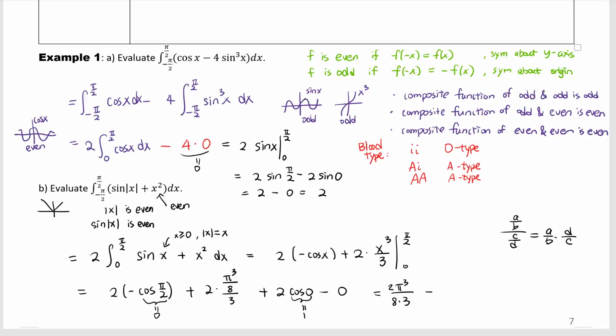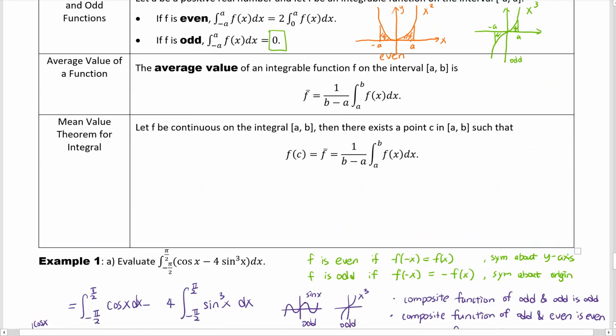Then plus 2, because 2 times 1 is 2. That's why 2 and 8 cancel. We have pi cubed over 12 plus 2 as our final answer. So far so good, everybody?